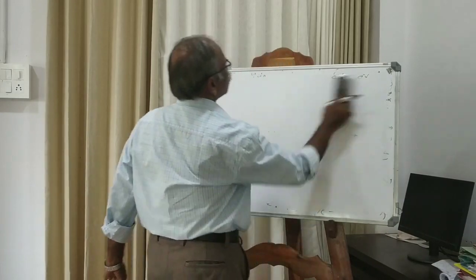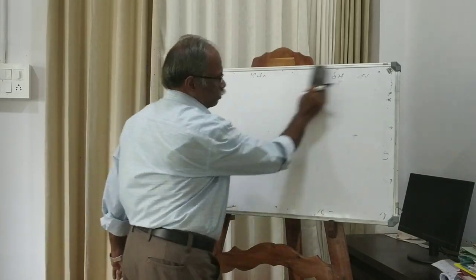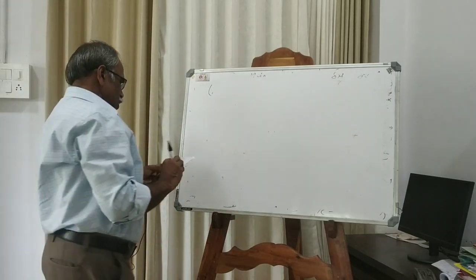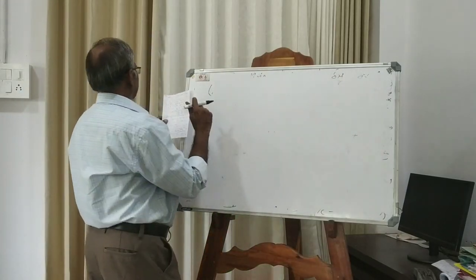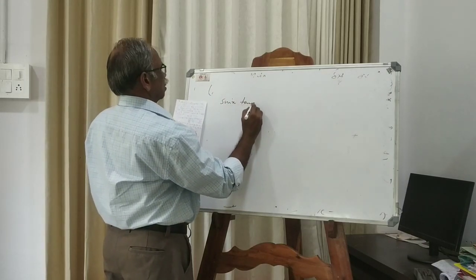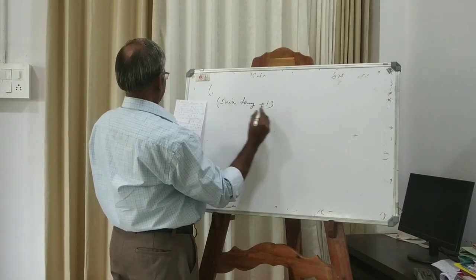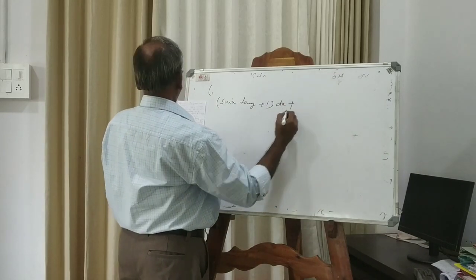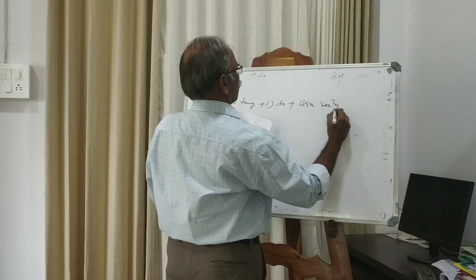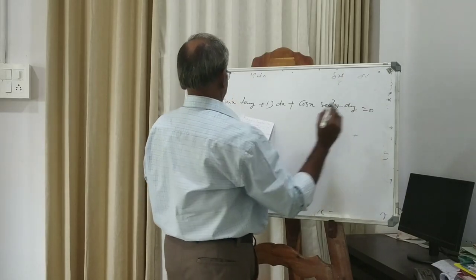Whenever a differential equation is given, we have to find whether it is variable separable, homogeneous or exact. So, another example, how to solve this equation, (sin x tan y plus 1) dx plus cos x secant square y dy equals 0.